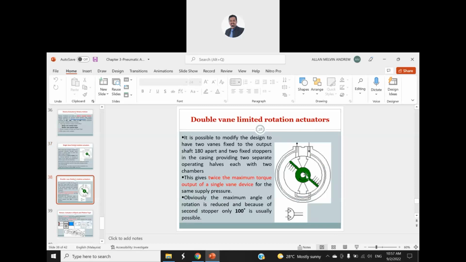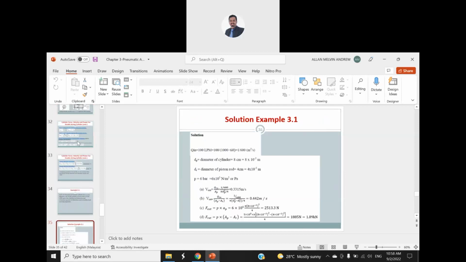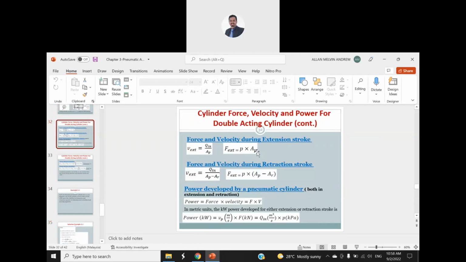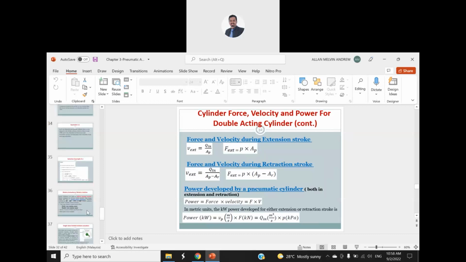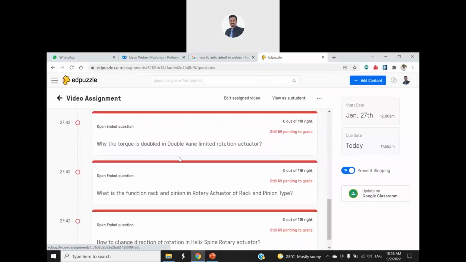Here it will be 20 square centimeter. So based on the calculation of the force, when the area is double, your force will also double. So a double vane produces twice the torque of a single vane because it has a larger area of exposure in the vane. Okay, that's why the torque is double.